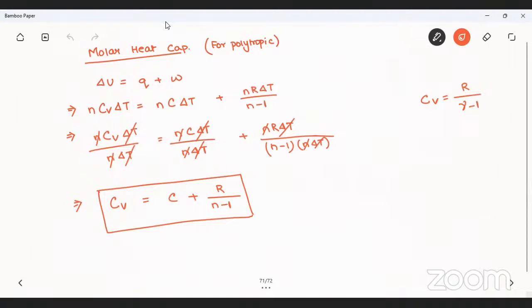Okay, so I will be sending you this PDF. Try to go through what we have done so far. In case you have any doubt, you can reach out to me. I guess the whole part, whatever we have done in thermodynamics till now, is clear to everyone.